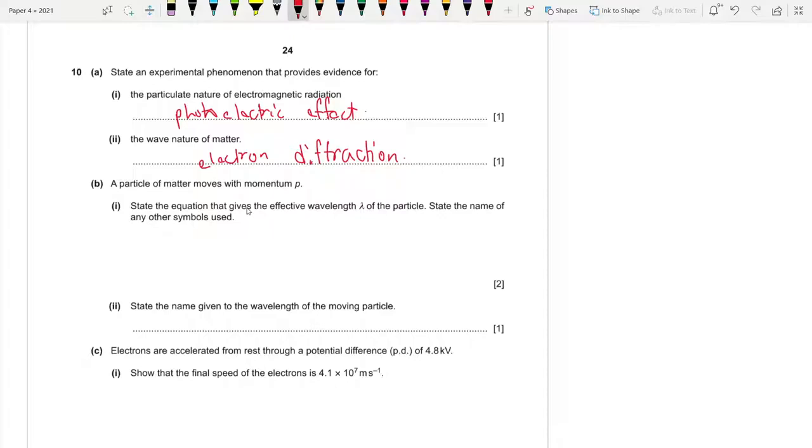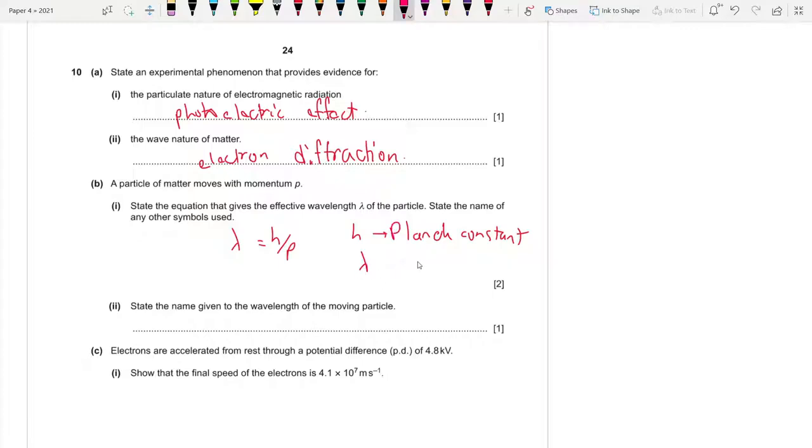So mainly lambda. This is the wavelength of a particle. Lambda is equal to h by p, where h is the Planck constant. P should be capital, my bad.